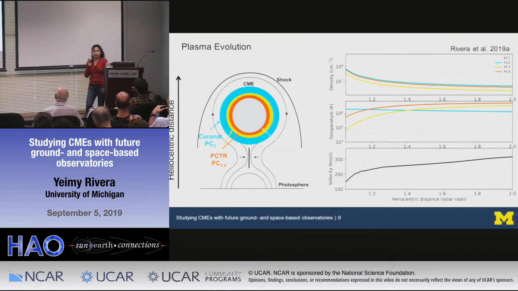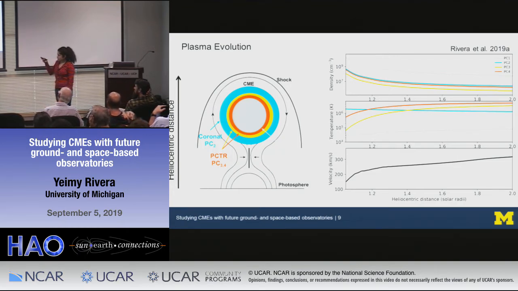Okay. Question as well. I'm not sure if I understand what's going on here with this picture. So the red and yellow parts are heating up as the CME expands or comes out, but the blue part isn't. What's the reason for that? So the blue component is mainly just cooling.